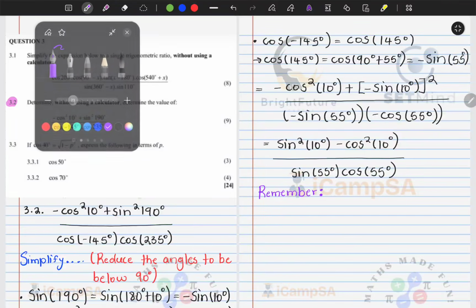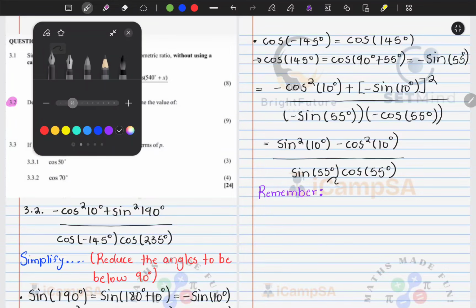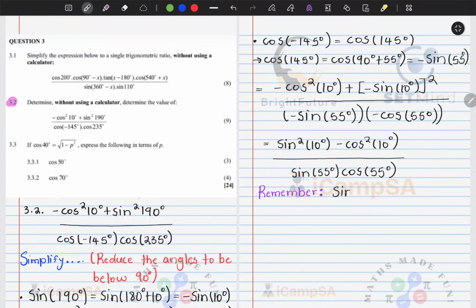So I need you to remember the double angle expression for sine. So sine of 2x will always be 2 sine x cos x, okay? Which means if you divide by 2 on both sides, you will have that sine of x times cos of x is essentially the same as sine of 2x divided by 2.